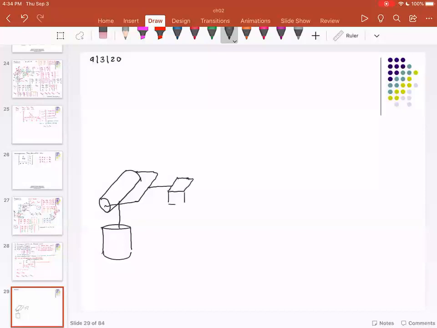So in this problem, the prismatic joint's direction is something like this. So let's identify the first revolute joint, second revolute joint, and the third joint is a prismatic joint. If you look at this robot, you have the first revolute joint, which is perpendicular to the second revolute joint. And then you have a parallel prismatic joint.